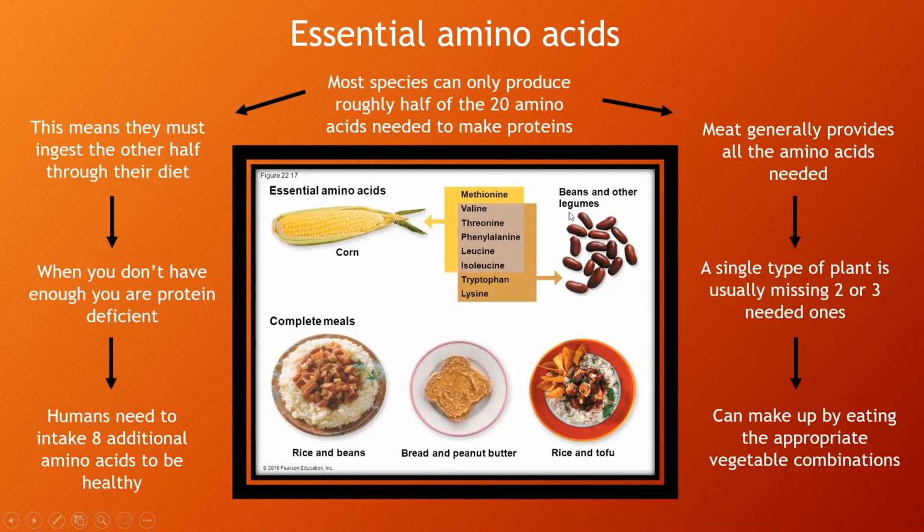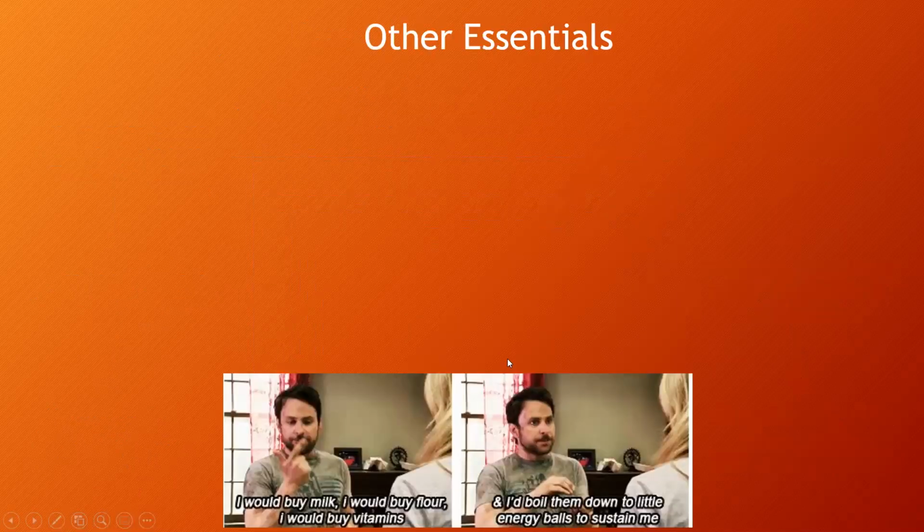But again, once you combine them, you start being able to create all the appropriate materials that you need. And so complete meals would be just rice and beans, bread and peanut butter, rice and tofu. Those combinations have all of these 8 amino acids that we need to survive. And so it just requires you to be a little bit more careful about what you eat to make sure that you're feeling well.